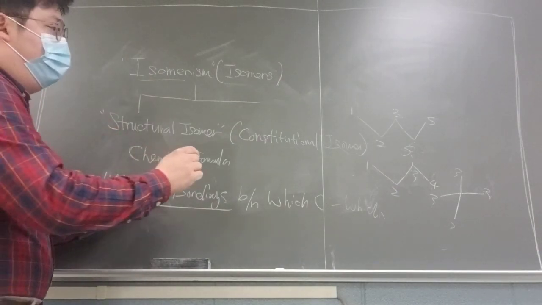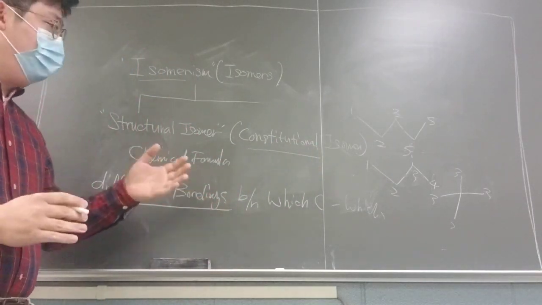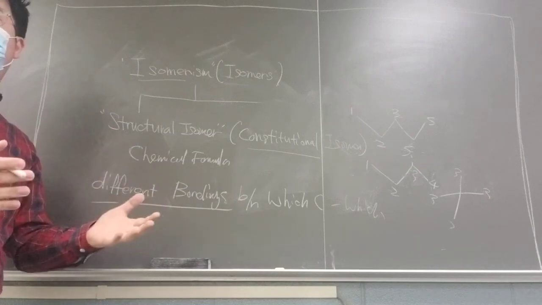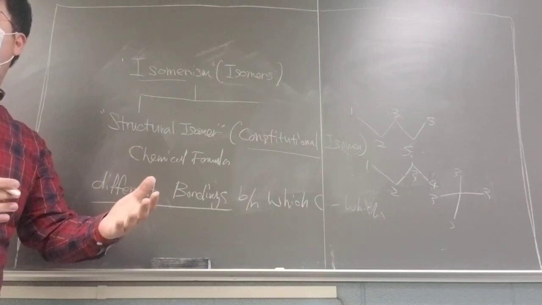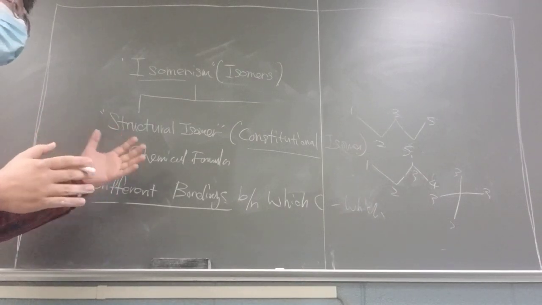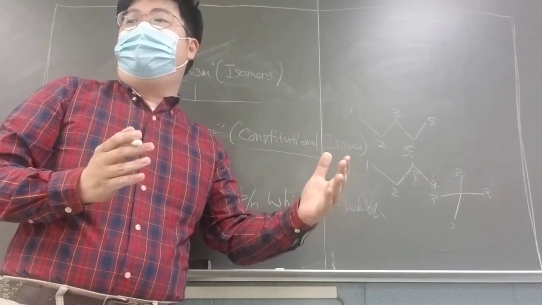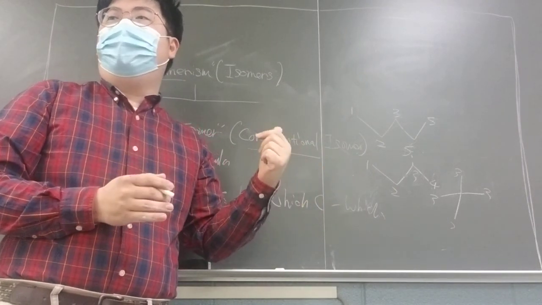So it's fundamentally, constitutionally different. The structure almost tells you everything about the physical property of the compound. If you see a big change in the structure, even though they share the same chemical formula, they may show quite different physical properties because of that.